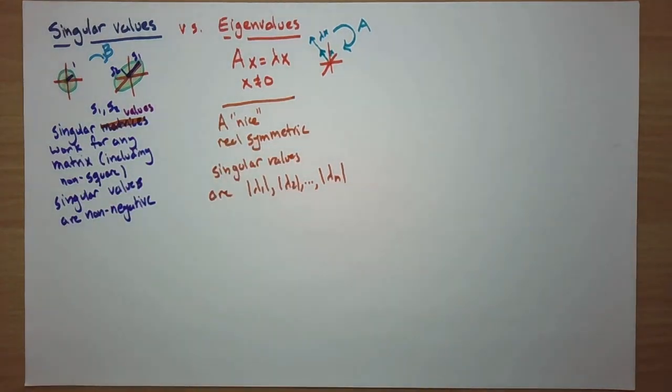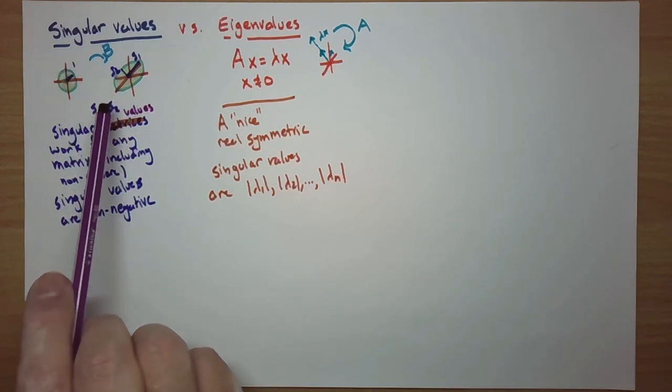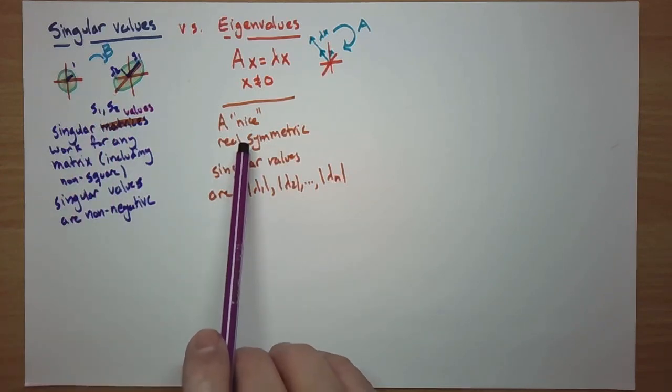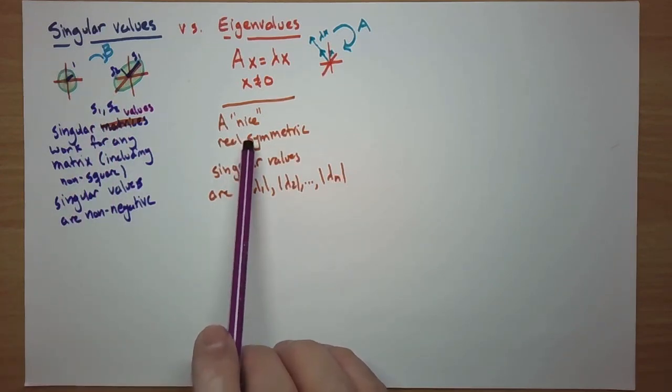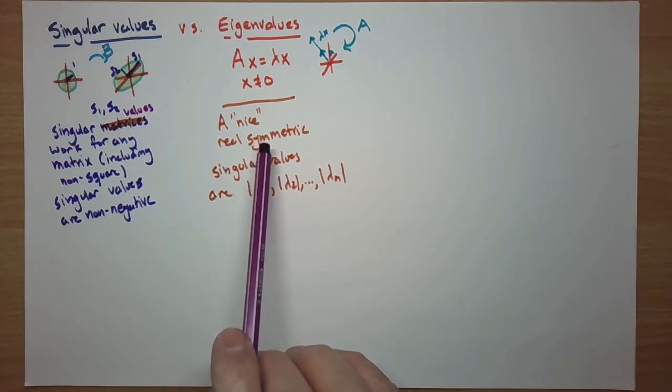We can even see this in terms of our original idea. If we have real symmetric, what's true about our eigenvectors? They're orthogonal.